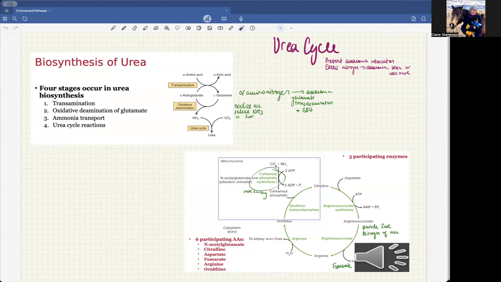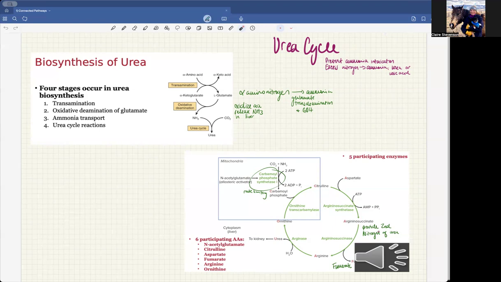So from this carbon dioxide and NH3 molecule, the enzyme carbamoyl phosphate synthase 1, which is the rate limiting enzyme, is then going to convert the molecule into carbamoyl phosphate. Carbamoyl phosphate is going to combine with ornithine, using ornithine transcarbamoylase to make citrulline.